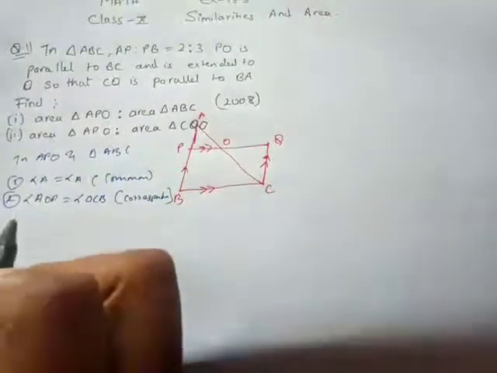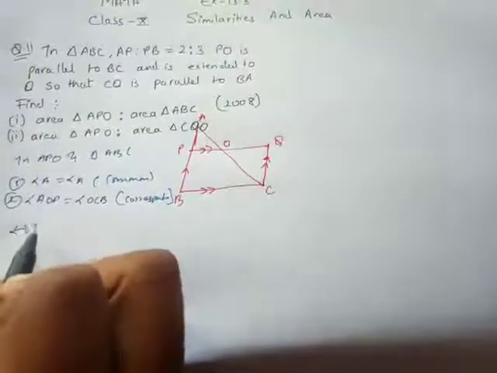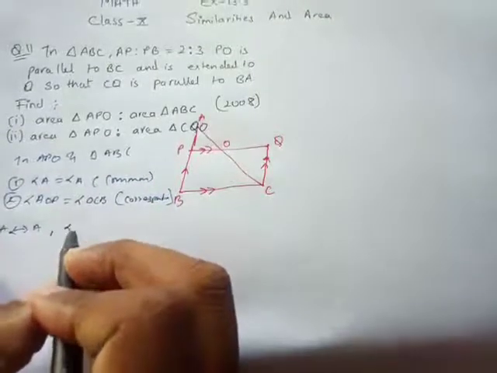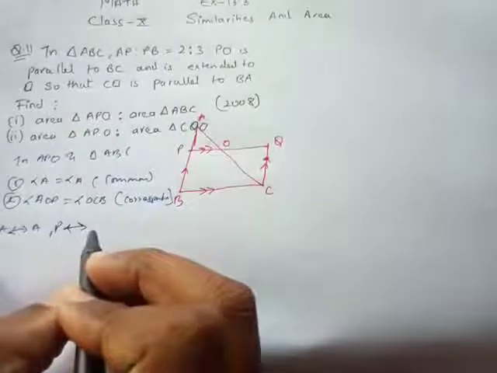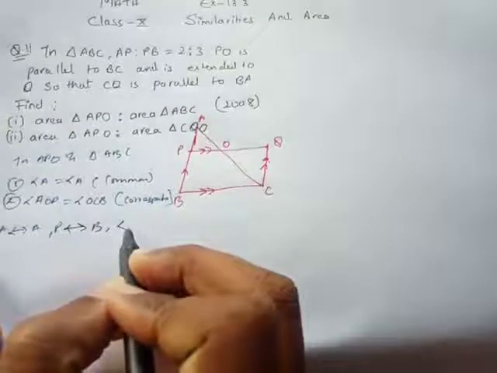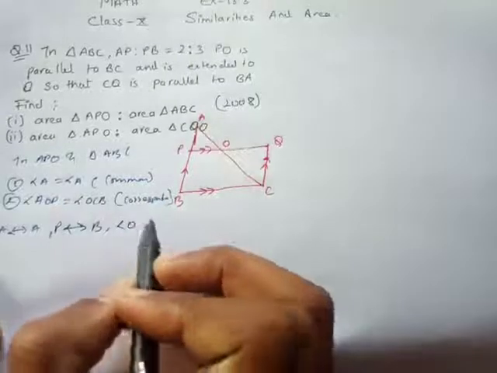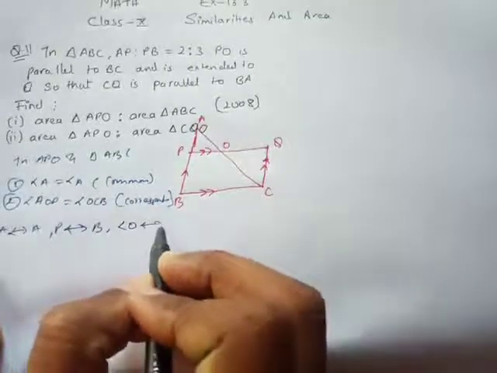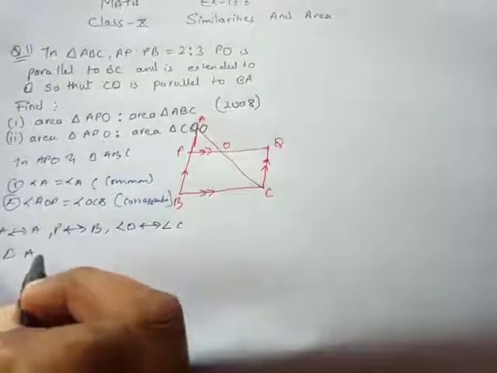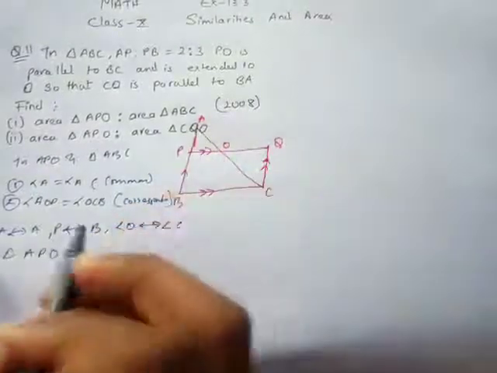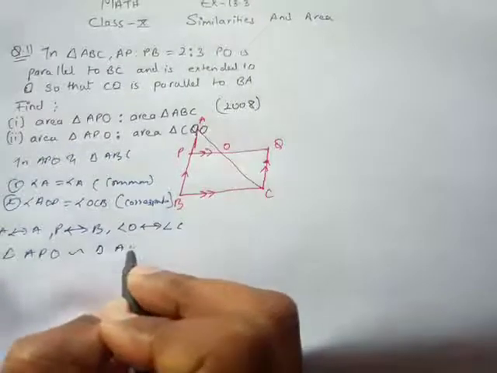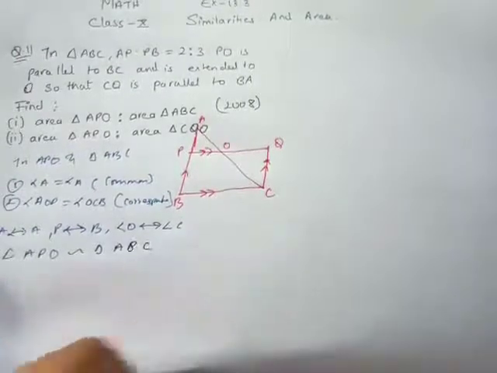Now I can say that angle A is corresponding to angle A, angle P is corresponding to angle B, and angle O is corresponding to angle C. So when I write triangle APO, it means this triangle, which is similar to triangle ABC, this triangle.